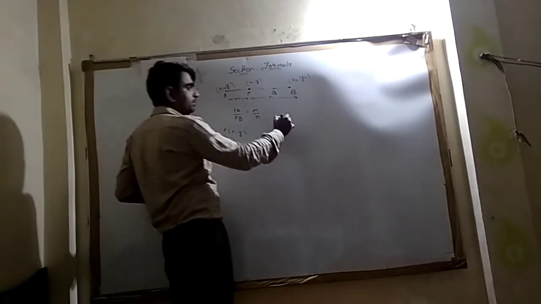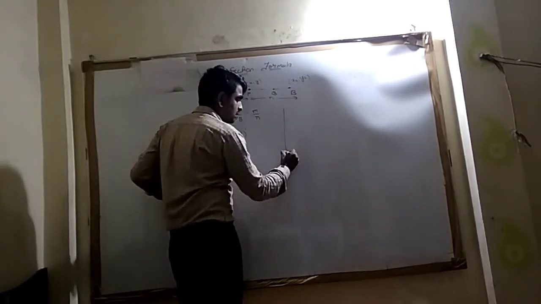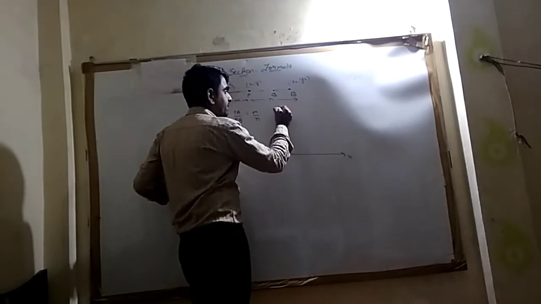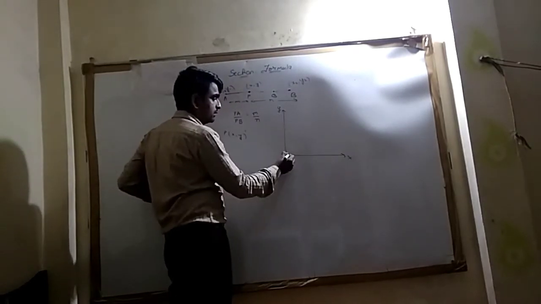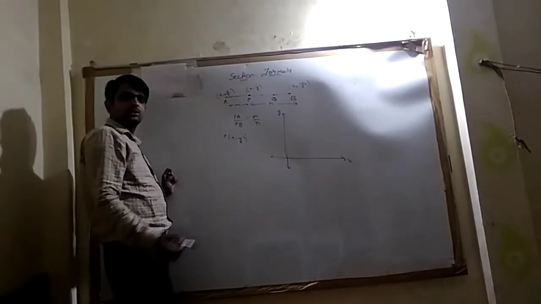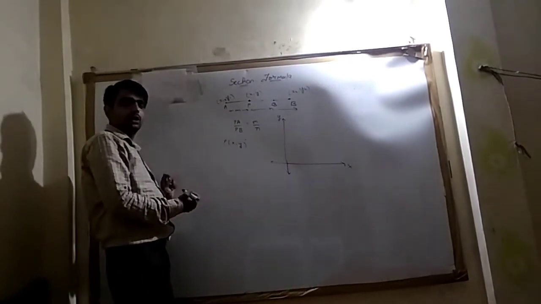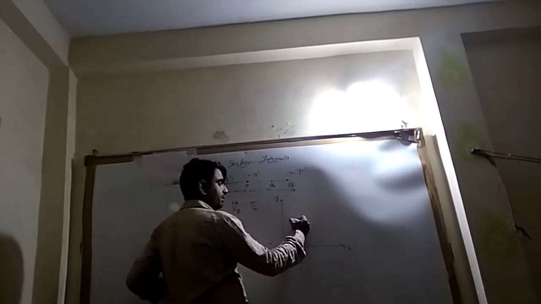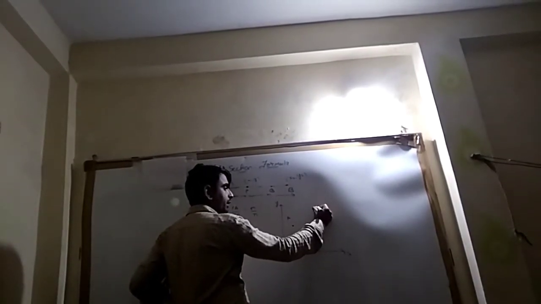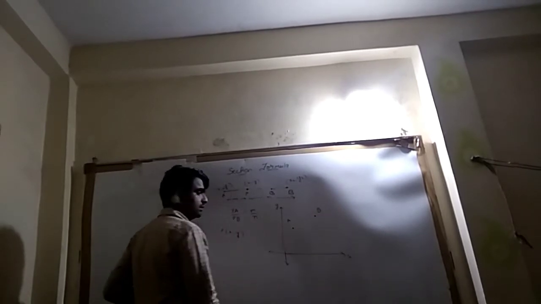Okay, suppose this is my Cartesian plane x, y. Now I have assumed 2 points A and B in this.